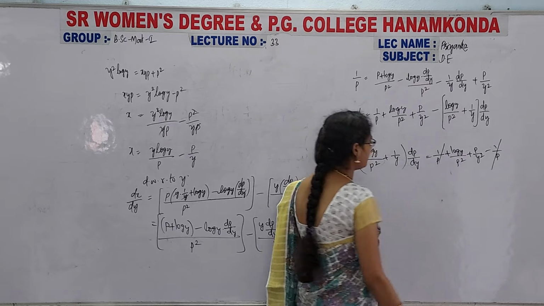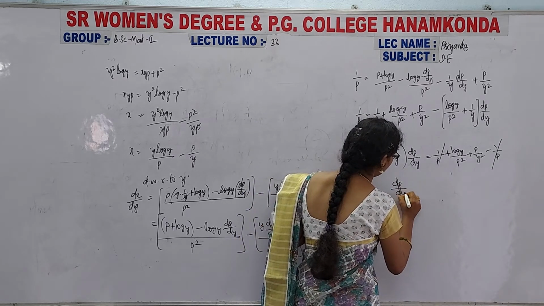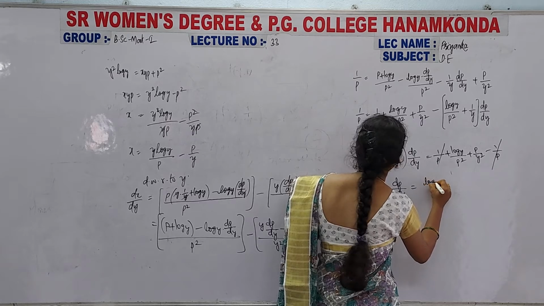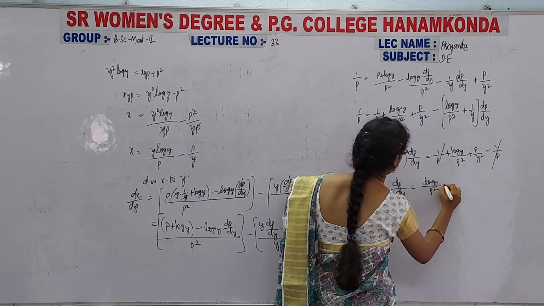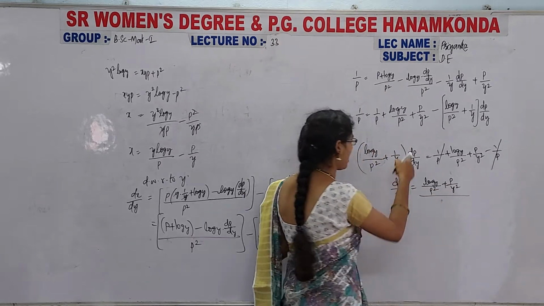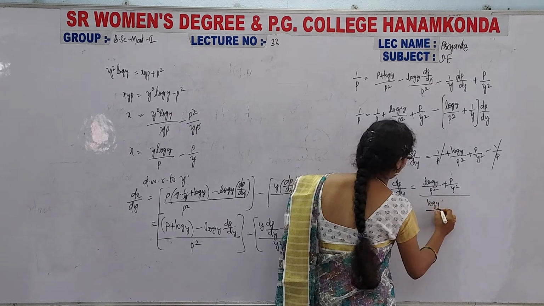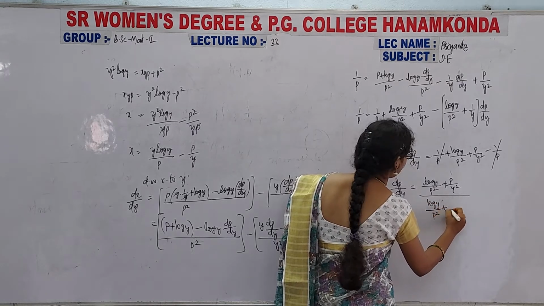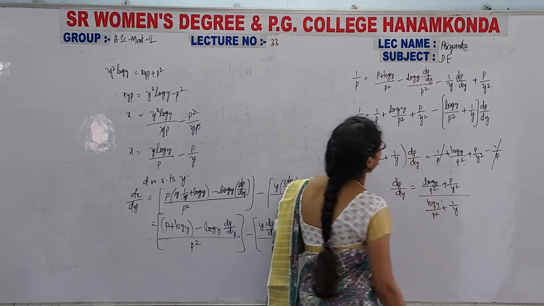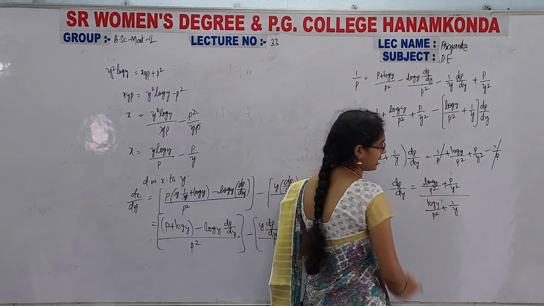So 1 by p get cancelled. So now dp by dy equal to log y by p square plus p by y square by, here what we have, I am taking this term to this side, then log y by p square plus 1 by y. So now this is nothing but the required value.